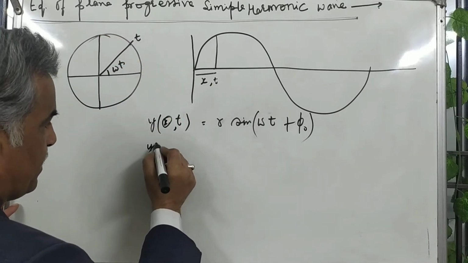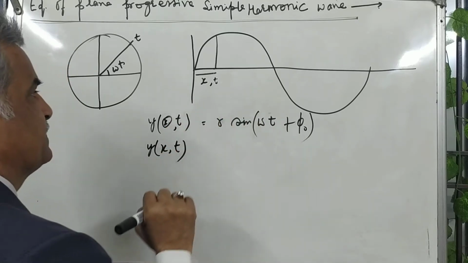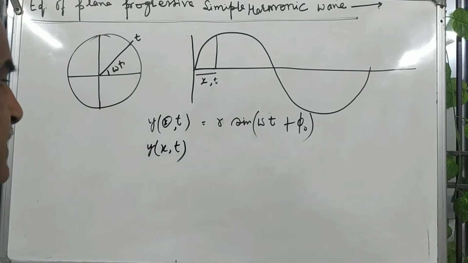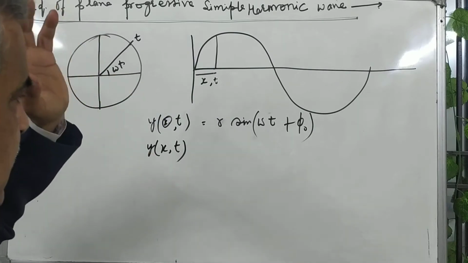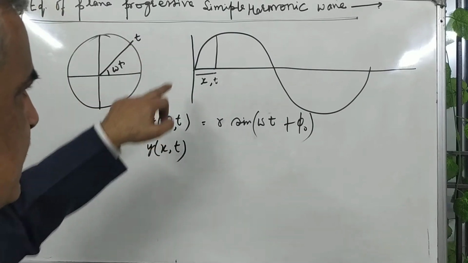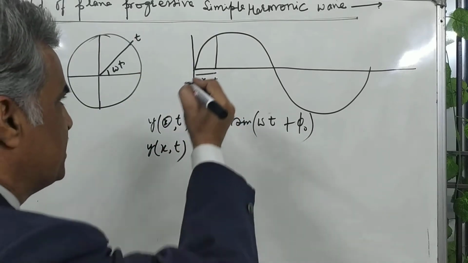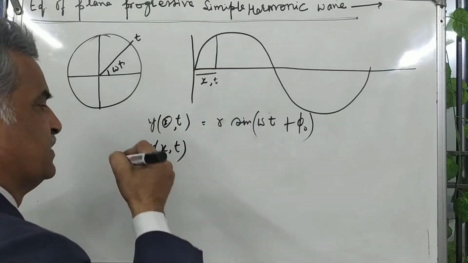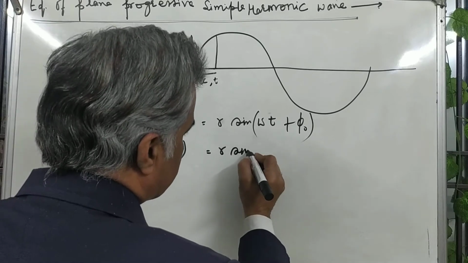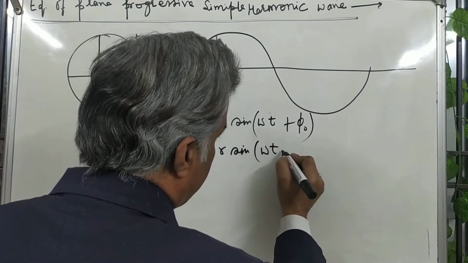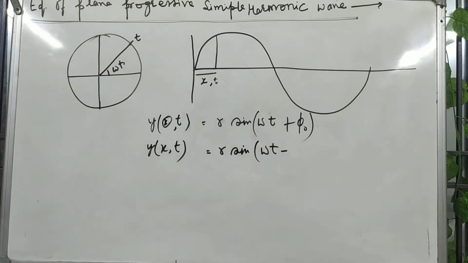So, the displacement at position x at time t: this is just starting, and after time t, this is the displacement of this point. So y(x,t) equals r sine omega t minus kx.